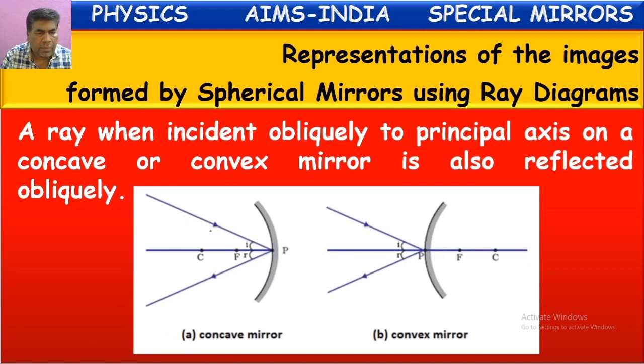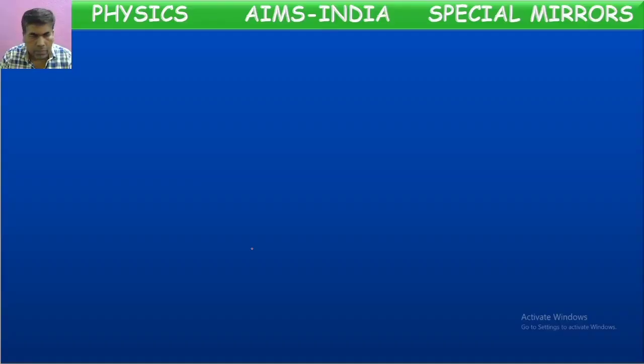Or a ray incident on the mirror obliquely, in a slant direction, will be reflected back with the same angle as per the laws of reflection. This is the third ray. We can make use of any of these rays and we can construct the ray diagram.